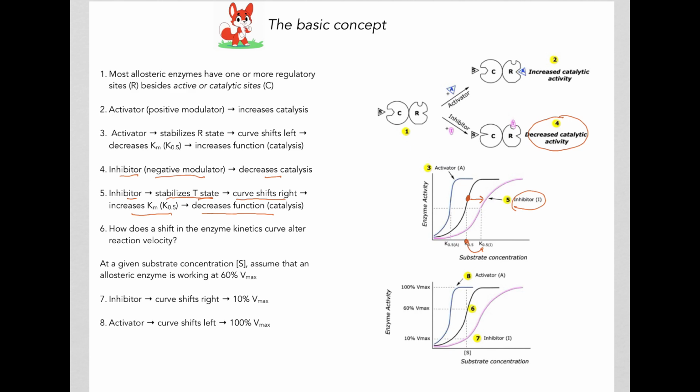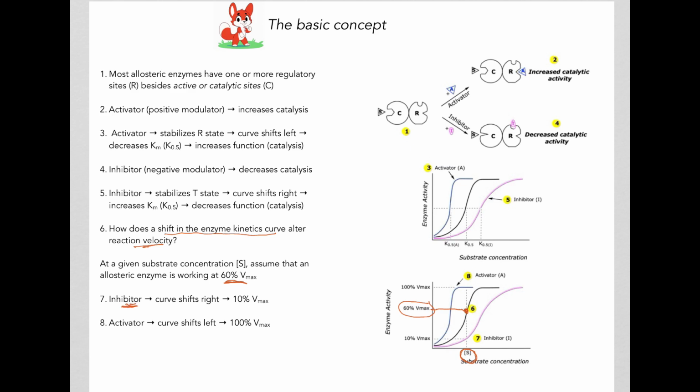Now let's use an example to understand how a shift in the enzyme kinetic curves, either to right or left, will affect the reaction velocity. So let's say this is the enzyme here at a substrate concentration present in the cell. This enzyme is working at 60% of its maximum velocity, 60% Vmax. Now let's say the enzyme is surrounded by some inhibitor.